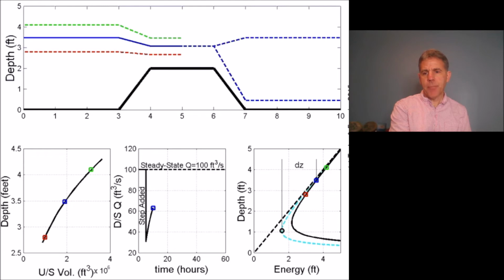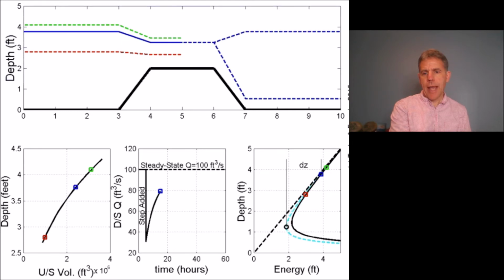Let's let this play forward a little bit more, and I'll stop it again. You can see that there's some curvature, so we're approaching steady state, but we're going to approach it slower and slower as we get closer to steady state conditions. We've gained depth.